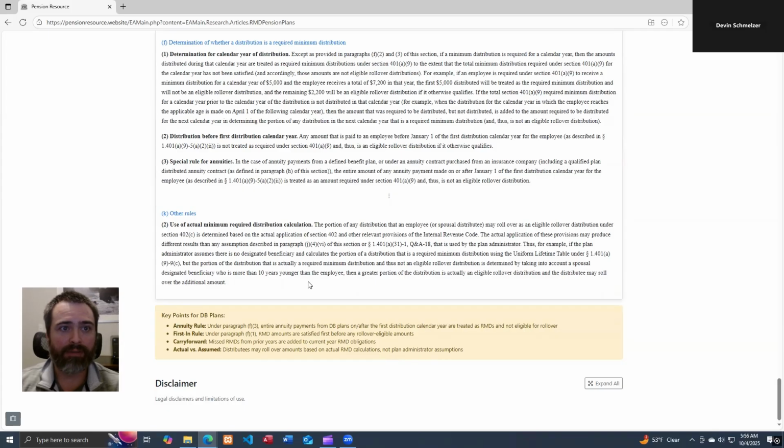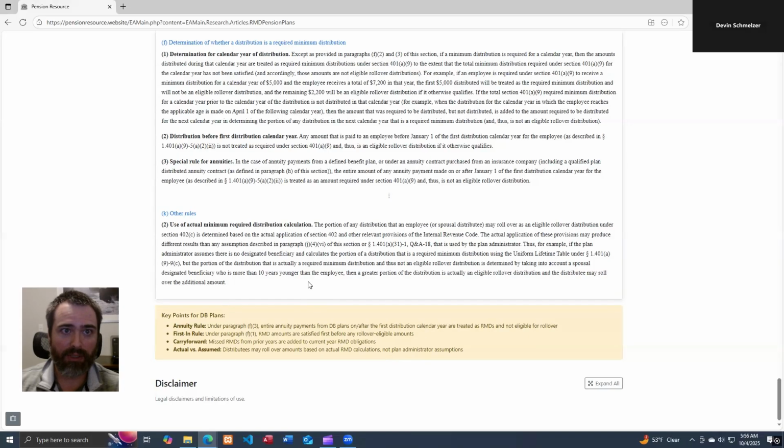In this paragraph, it describes where the plan administrator used a uniform life table to complete the required distribution, but it turns out the participant was married to a spouse 10 years younger, so they should have used the other table instead of the uniform life table, so that excess that was paid to the individual because of the plan administrator's assumption can be rolled over to an IRA.